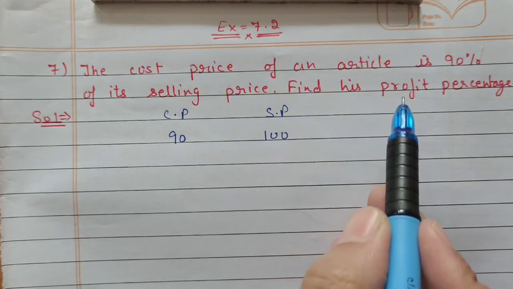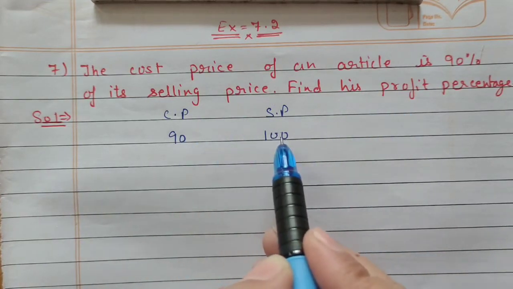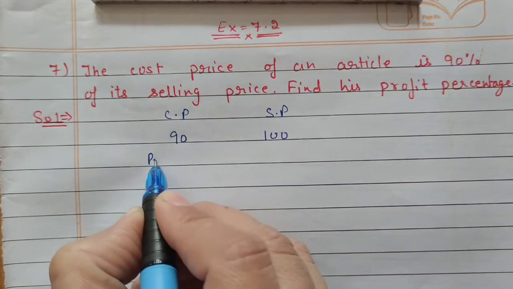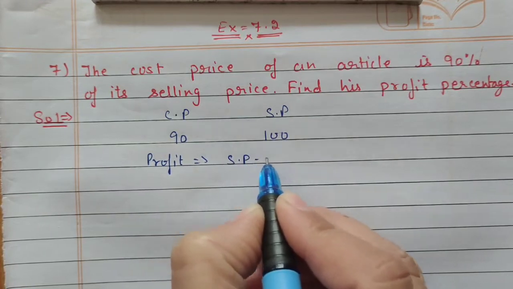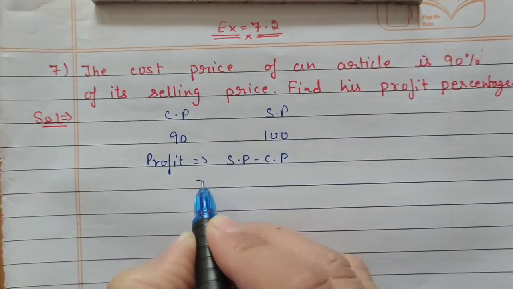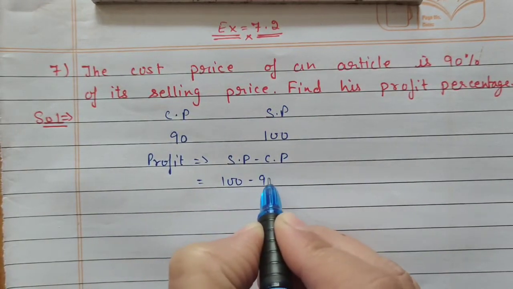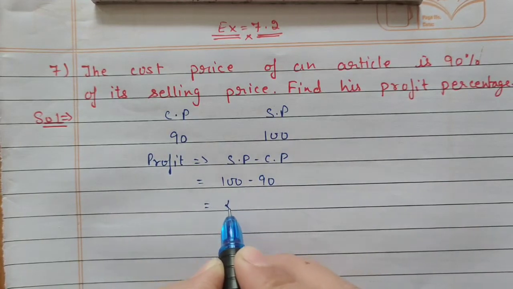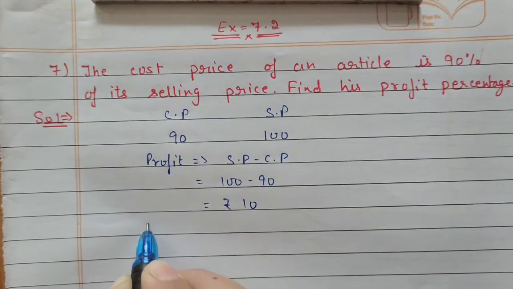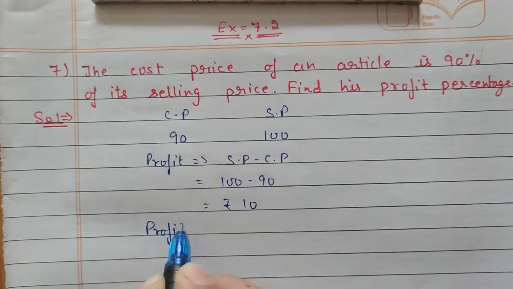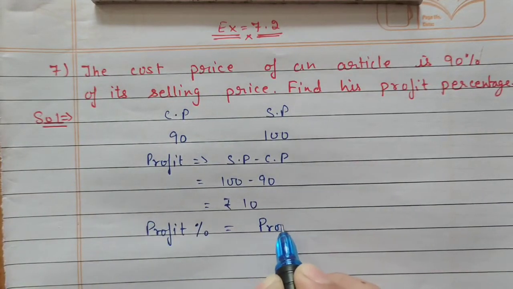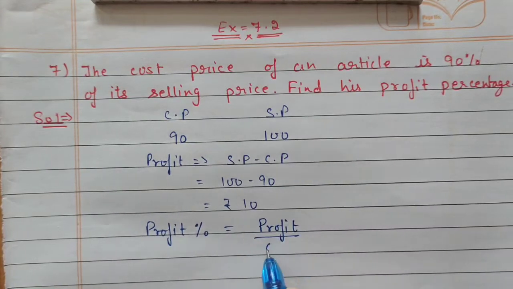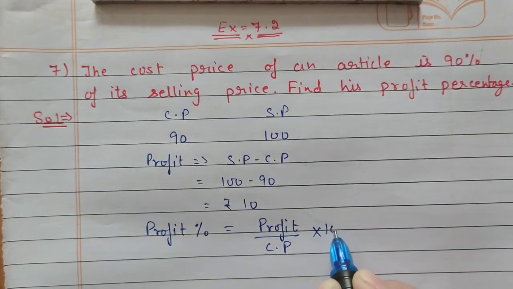Now we have to find out the profit percentage. Profit is selling price minus cost price, which is 100 minus 90, equal to 10 rupees. Now we can calculate the profit percentage. Profit percentage is equal to profit by CP into 100%.